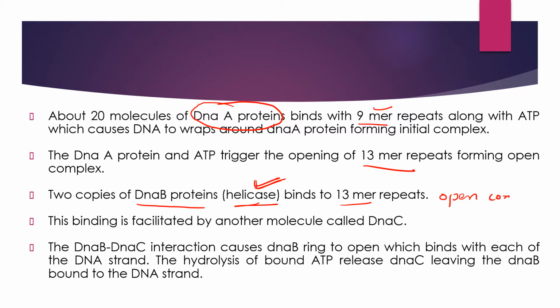This binding is facilitated by another protein called DnaC. DnaB and DnaC interact, and this interaction causes the DnaB ring to open, which binds to each of the DNA strands. I will show you in the figure how it is actually happening. The hydrolysis of bound ATP releases DnaC, leaving DnaB bound to the DNA strand.